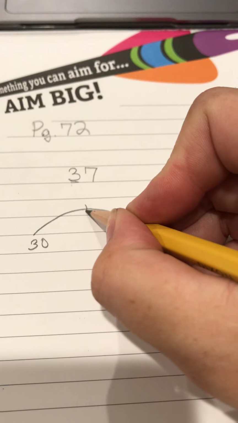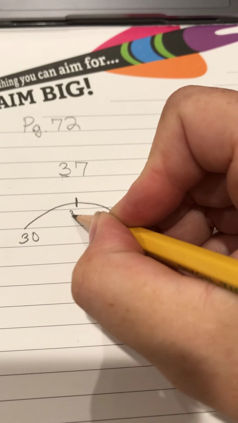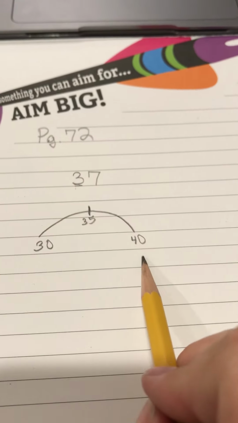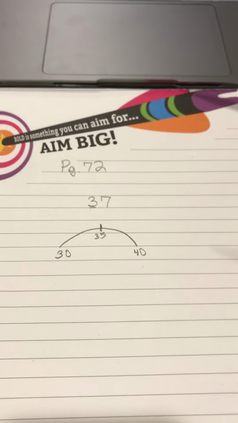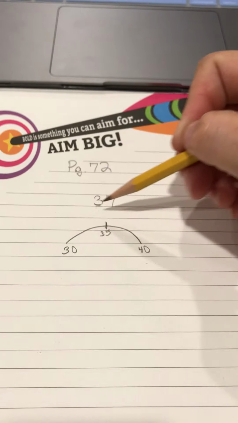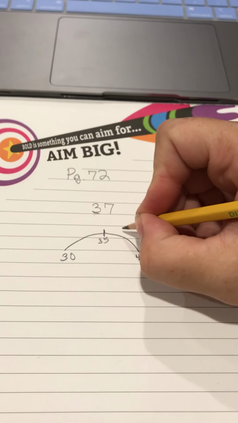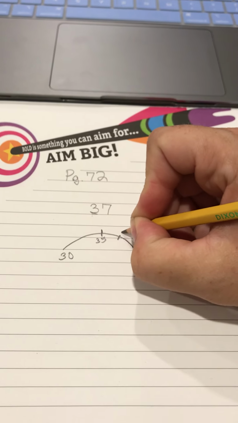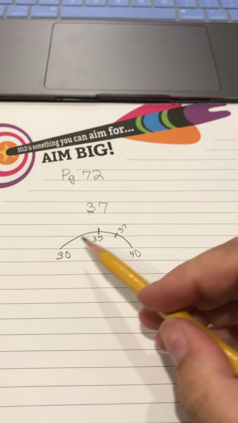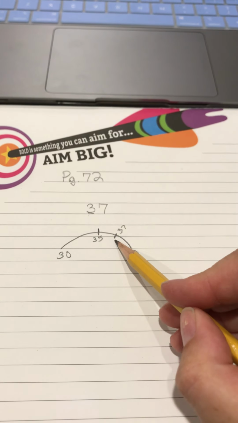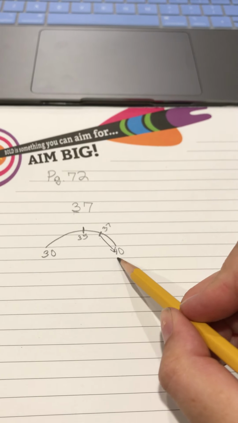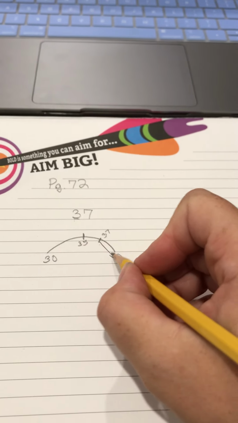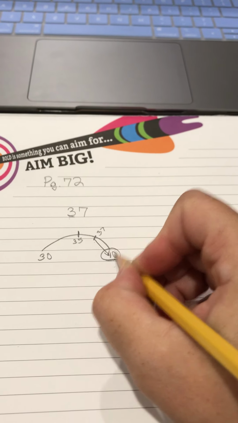Remember, 35 is going to be our peak because it's halfway between 30 and 40, just like that number the hundreds chart showed us. So 37 would go where on this roller coaster, on this number line? It would be about right here. So if I'm riding on my roller coaster and I have gone to this point, we're going to fall on down to the 40 side. So we know 37 is going to round to 40.